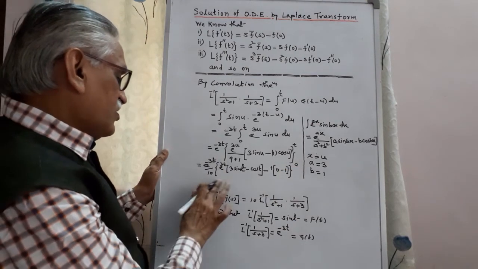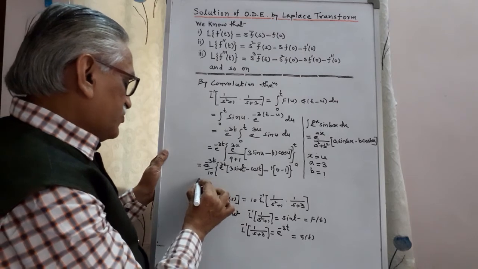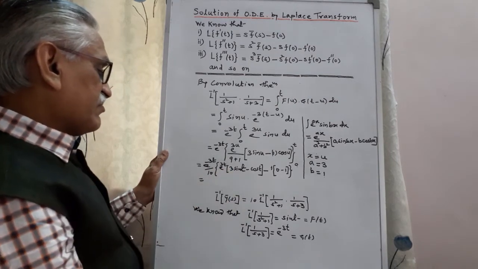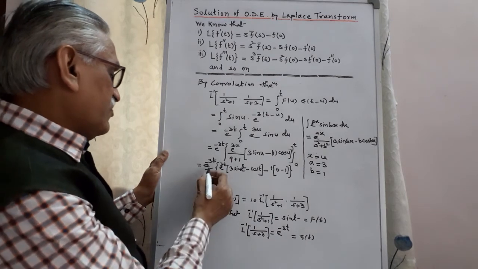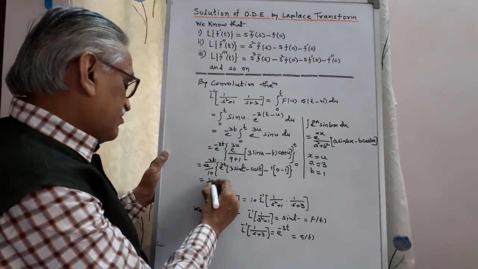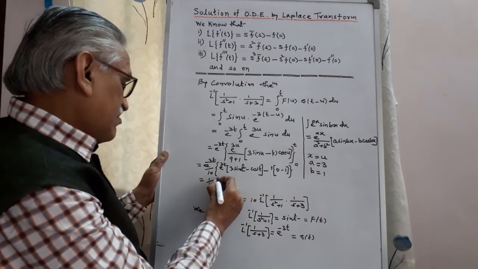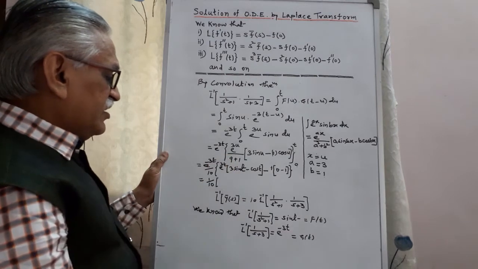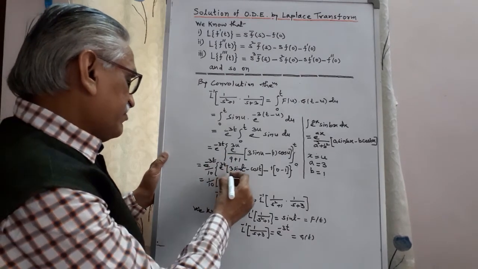And therefore we get, if you multiply it inside, 1 by 10, e raised to minus 3t into e raised to 3t, e raised to 0, that is 1.